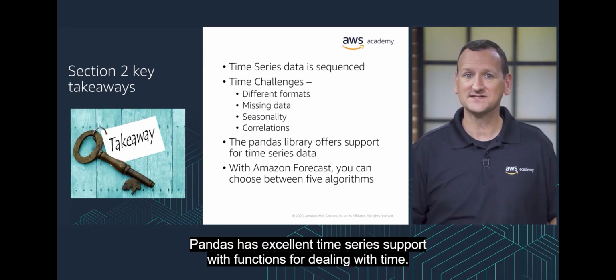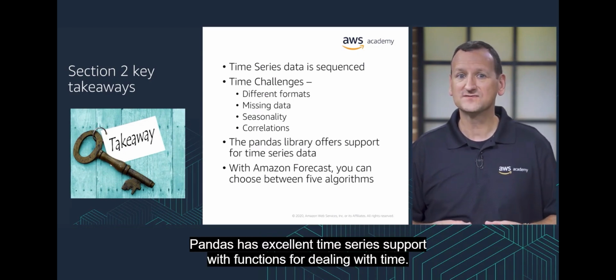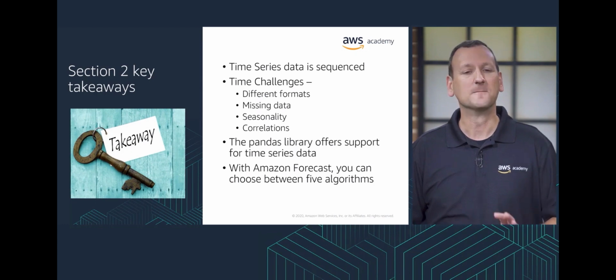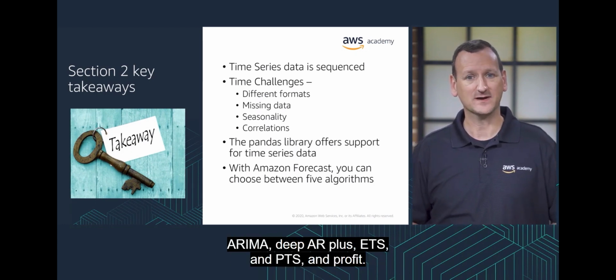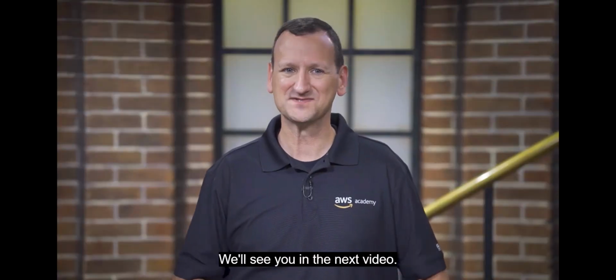Pandas has excellent time series support with functions for dealing with time. There are 5 algorithms used by Amazon Forecast: ARIMA, DeepAR+, ETS, NPTS, and Prophet. That's it for this section. We'll see you in the next video.